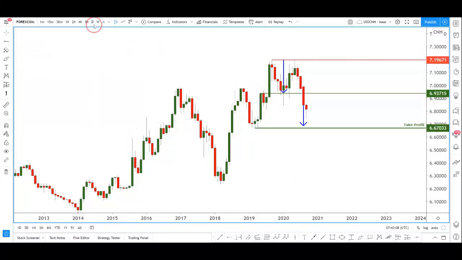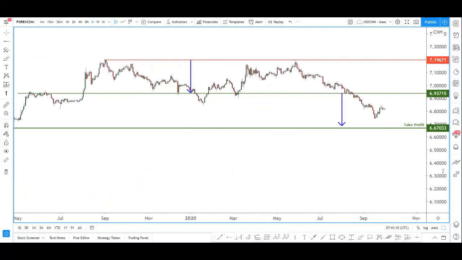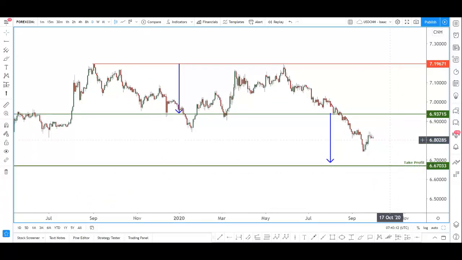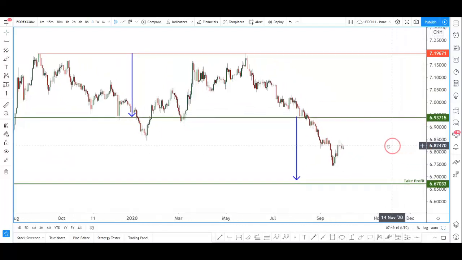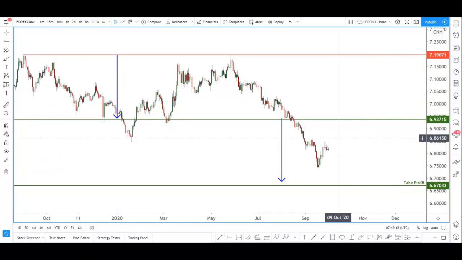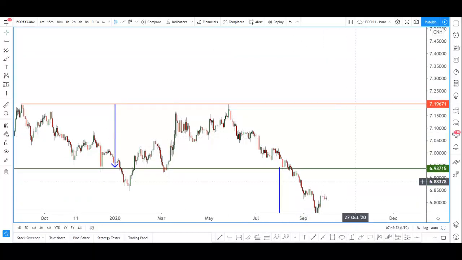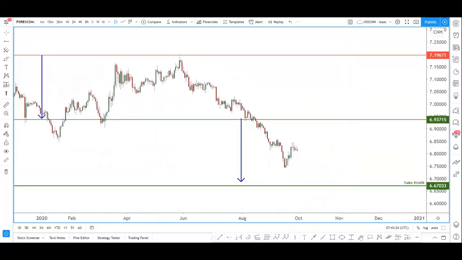Now, very quickly, let's go down to the daily. On the daily, I just want to show you guys how I know that the market is in the downtrend. When markets are in a downtrend, they make a series of lower lows and, at the same time, a series of lower highs.